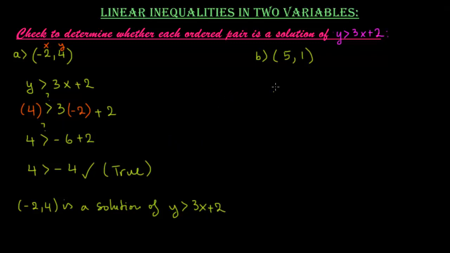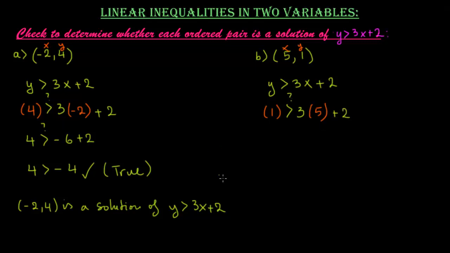Okay, so we're going to do the same for problem B. Basically, to check a solution, we plug x and y into the inequality. Here my x is 5 and y is 1. So y is replaced by 1, greater than 3 times 5, plus 2.